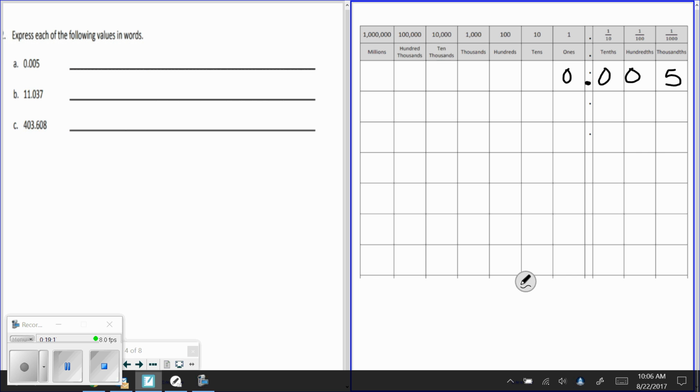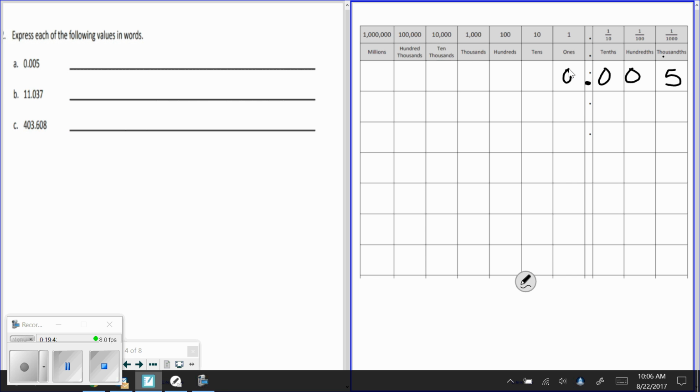It just is what it is. I've got a 5, so it's 5, and I look up, it's 5 thousandths. Is it 5,000? No, it's 5 thousandths with the THS, and that's it.